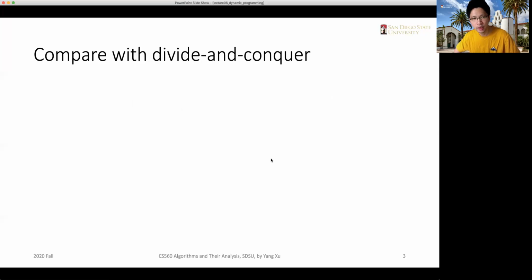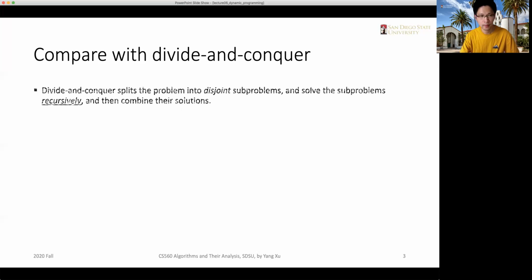So compared with divide and conquer, we know that divide and conquer splits the problem into sub-problems, and these sub-problems are disjoint. The divide and conquer algorithm can solve the sub-problems recursively and then combine the solutions to all the sub-problems.